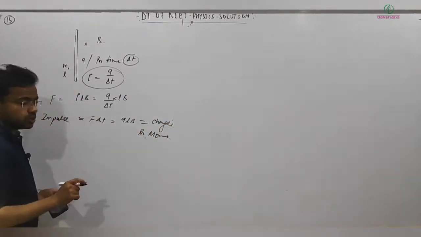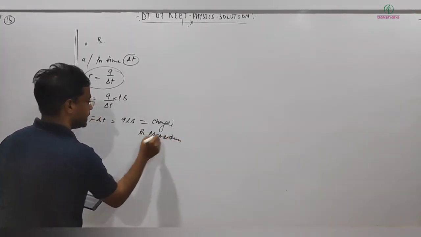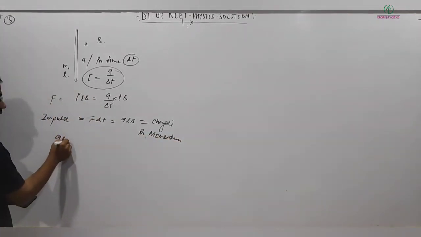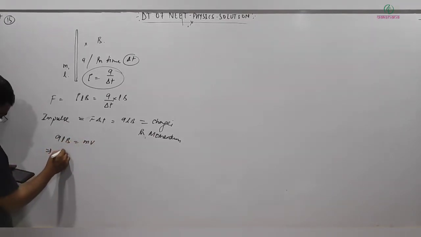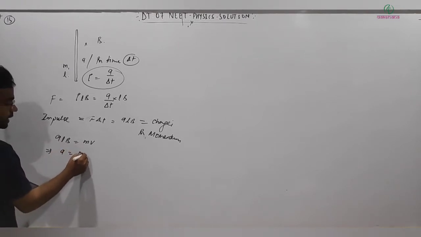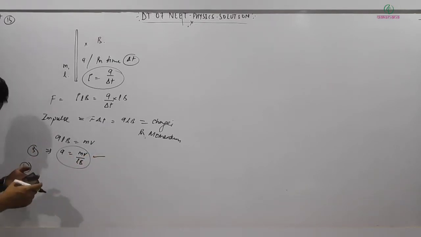Initial momentum 0, final momentum m v, so q L B is equal to m into v. This implies q is equal to m v divided by L B. That matches option number 3. This is the answer. Question number 14.